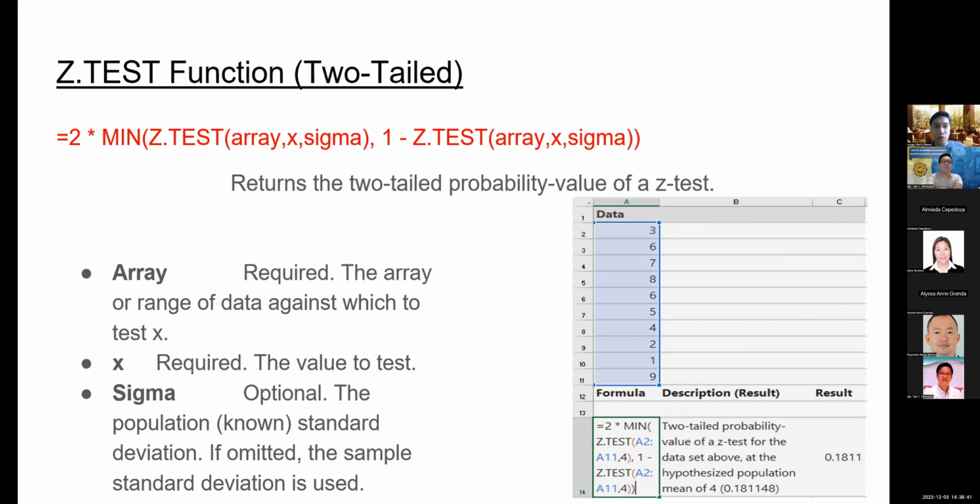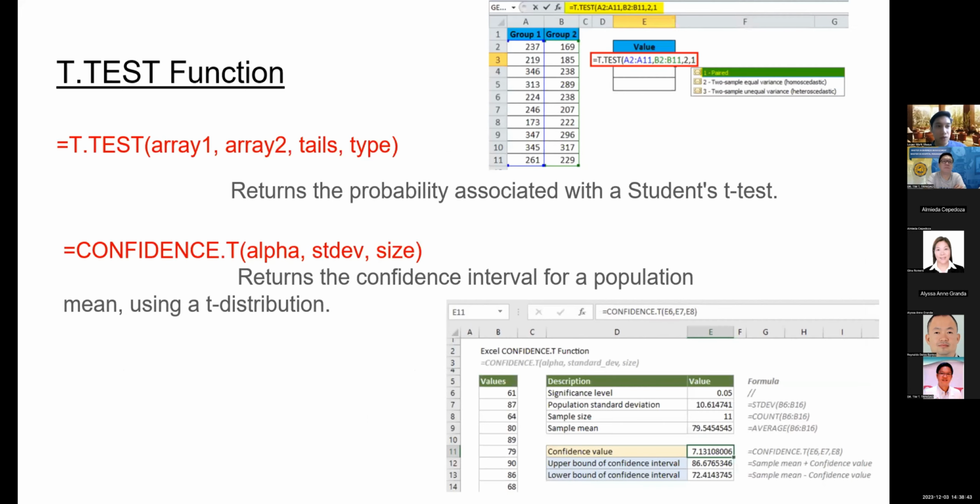We can also do the t-test in Excel. In this case, we use the T.TEST function. Since we are comparing two sets of data, we should specify array 1, comma array 2, and then specify the tails, whether it's two-tailed or one-tailed, and then the type of test.